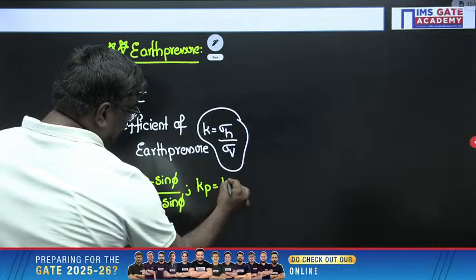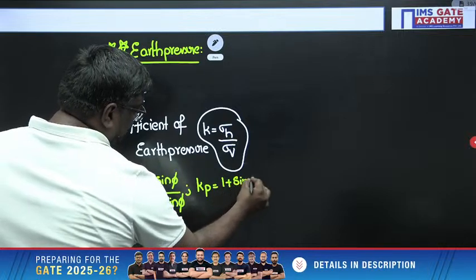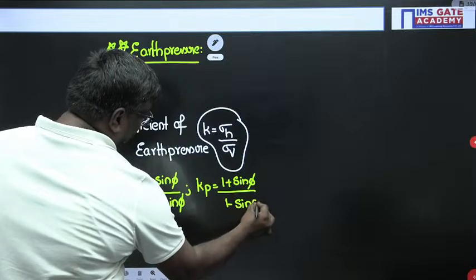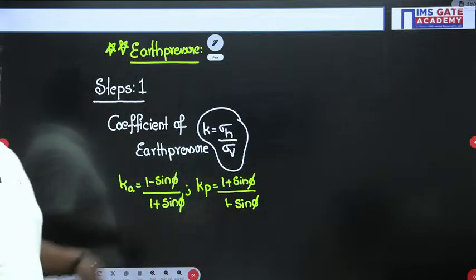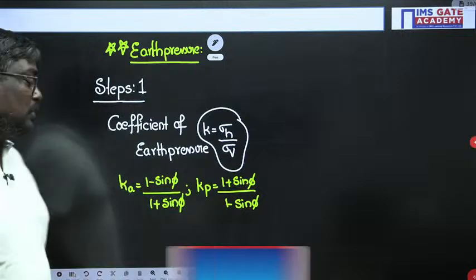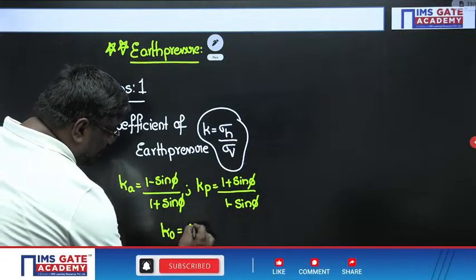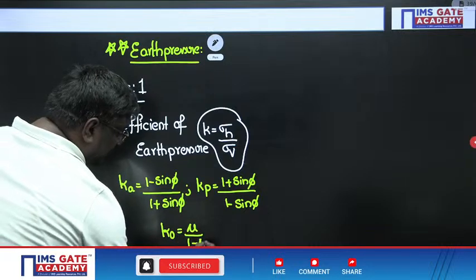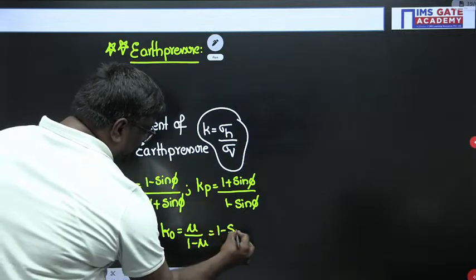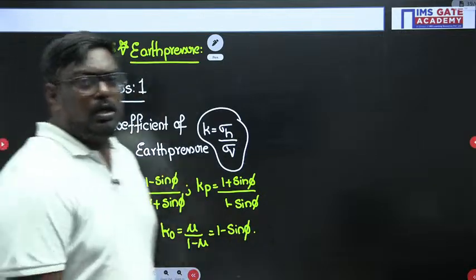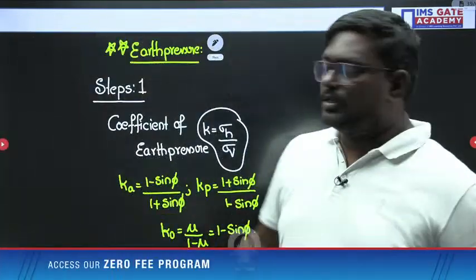Kp is 1 plus sin phi upon 1 minus sin phi. So if it is active earth pressure, you will find out active; if it is passive, you will find out passive. Similarly, at rest pressure, K naught is equal to mu into 1 minus mu in terms of Poisson's ratio, or in terms of friction, it is 1 minus sin phi. So these are the coefficients of earth pressure.